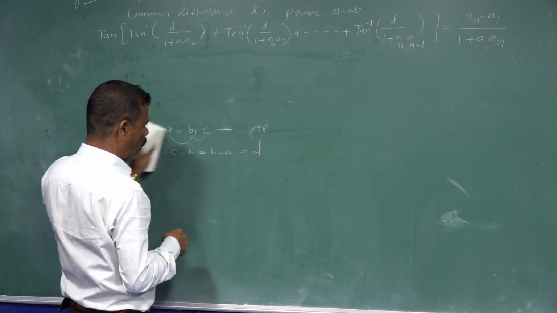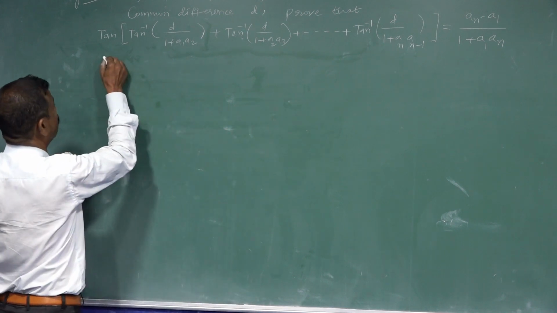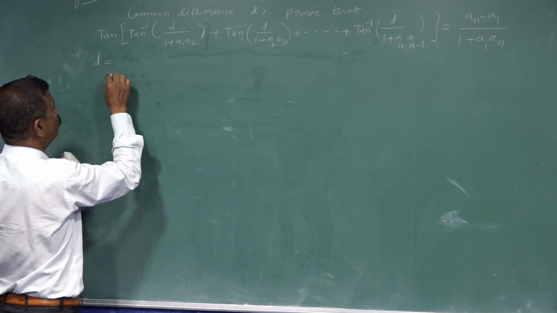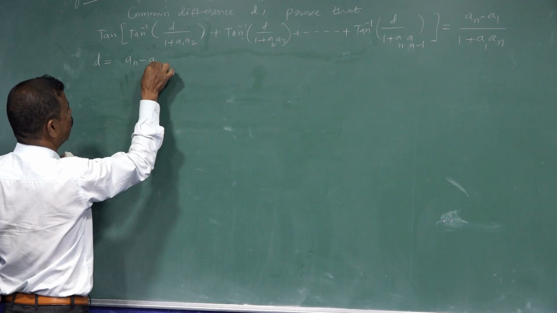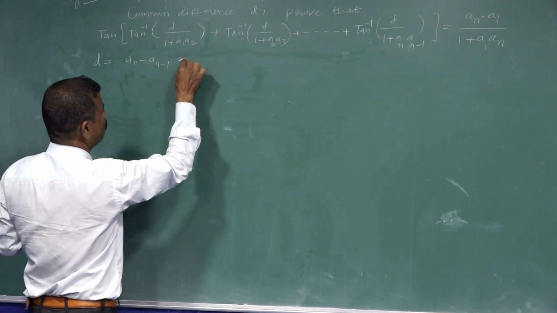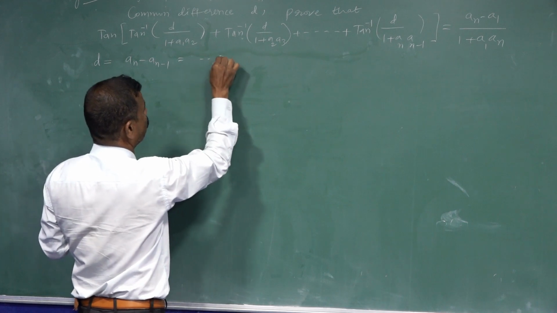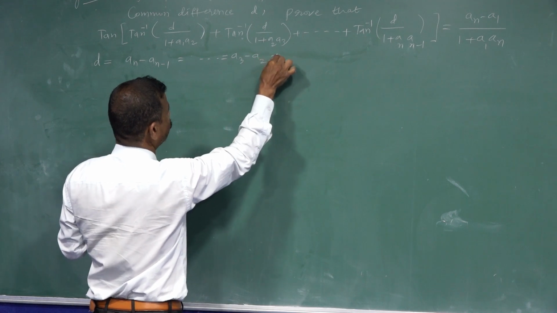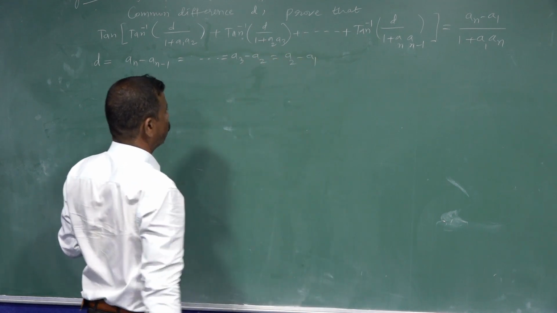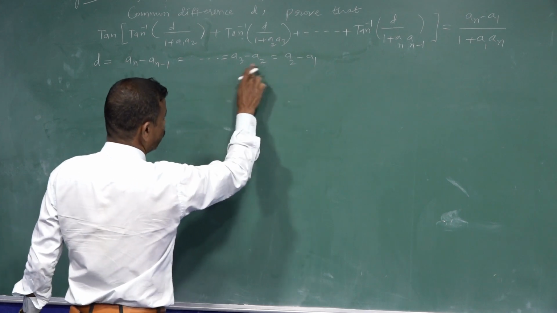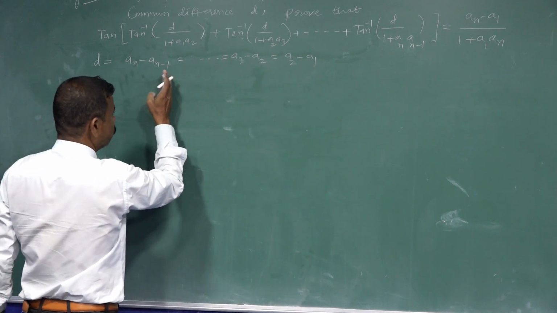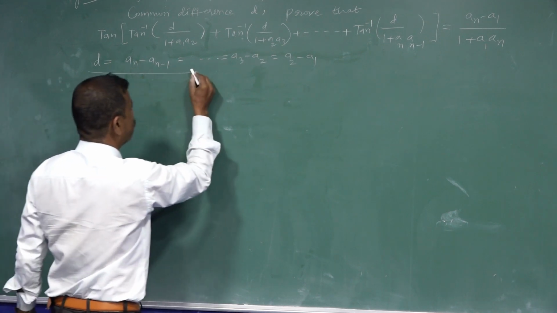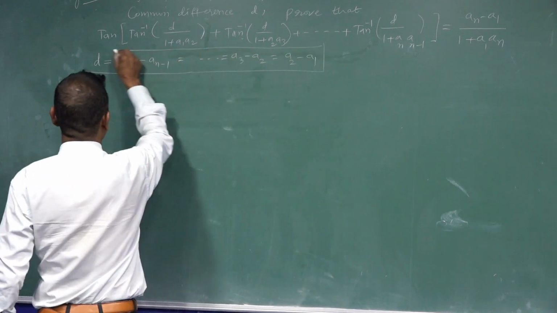So here d is the common difference, that is equal to an minus a(n minus 1), and similarly going on to the last terms, a3 minus a2 equals a2 minus a1. So here 2 1, here 3 2, here 4 3, here 5 4, up to n minus 1, one less. This is the common difference for all.